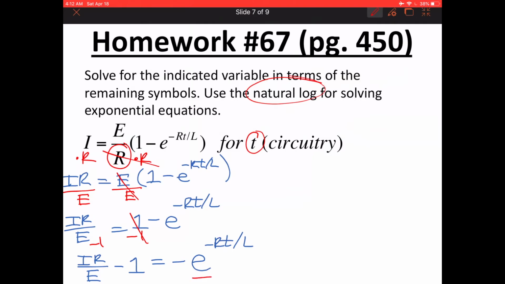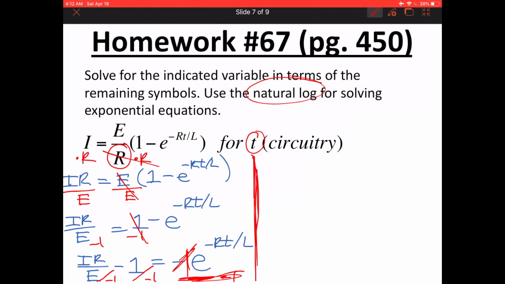Now keep in mind in front of this e is an invisible negative 1. So again, that is something that we want to get rid of. So to get rid of that negative 1, I'm going to divide both sides by negative 1. So here on the right, they cancel out. On the left, make sure you divide everything by negative 1.